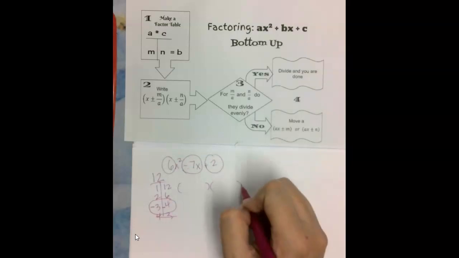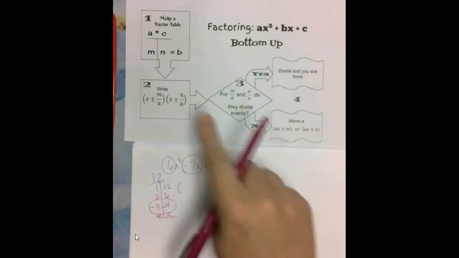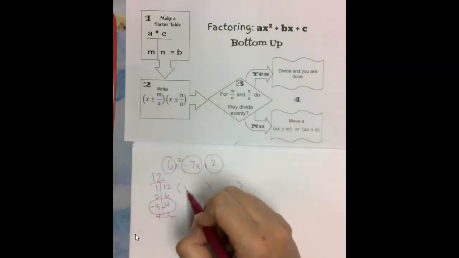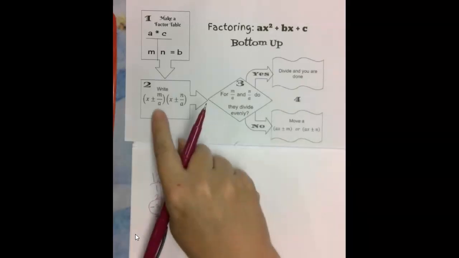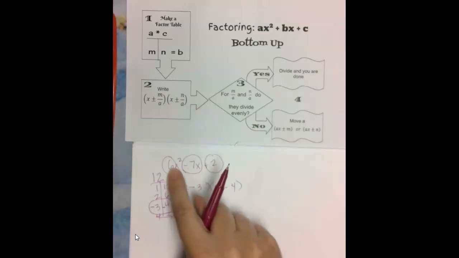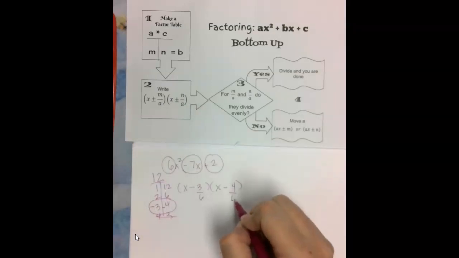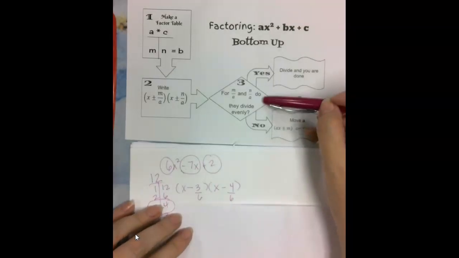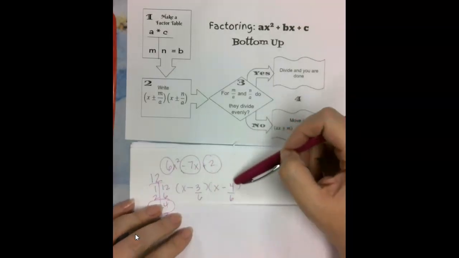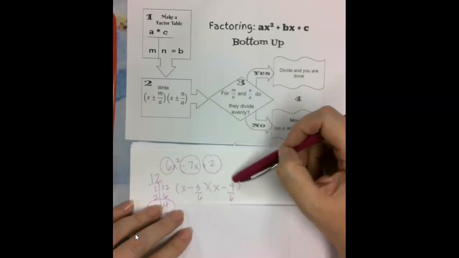So then, I'm going to write out my problem, write it like this. X minus 3 and x minus 4, and divide by a. A happens to be 6. And I'm checking if they divide evenly, and neither one of these is going to divide evenly.